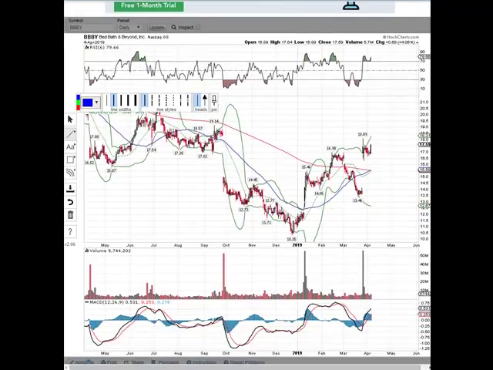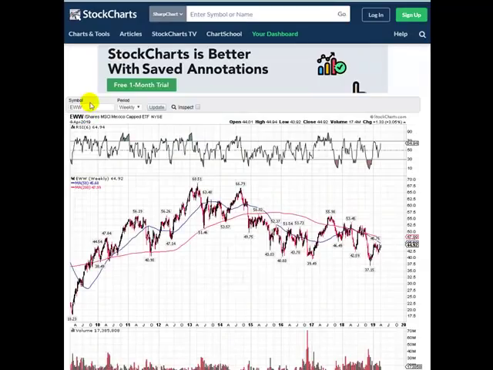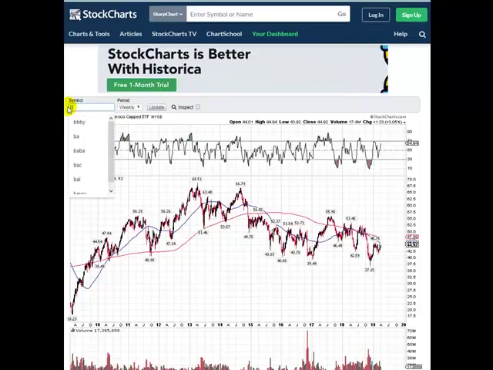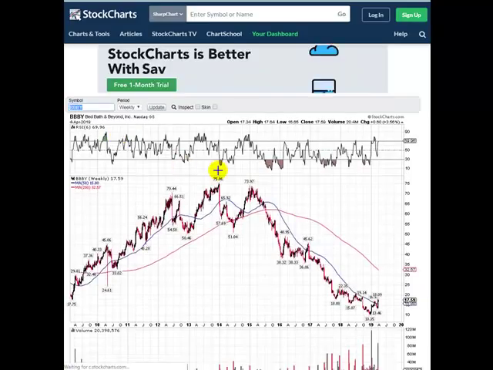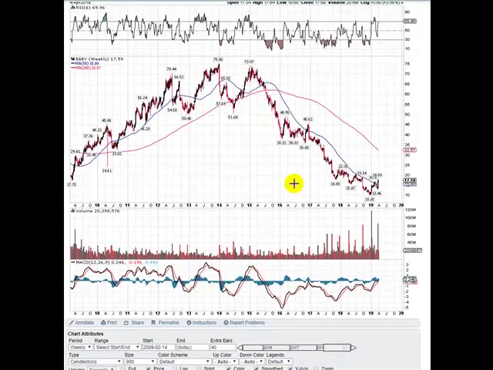Also, the pessimism was so thick you could cut it with a knife. We didn't even entertain getting into this one until it had gotten hammered from the 70s on down. And of course, we got into it just above 20, but with your averaging downs, many of you probably have an average break-even price of about 14 to 16.